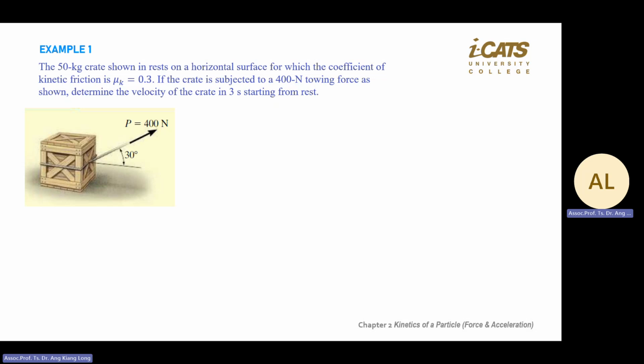If the crane is subject to a 400 Newton towing force, determine the velocity of the crane in 3 seconds from rest. This basically combines the 3 Newton equations, because if you pull with a constant force, your object accelerates at a constant acceleration. F equal to ma.